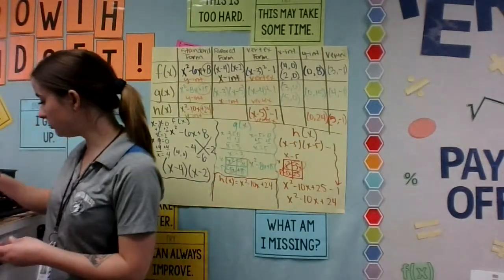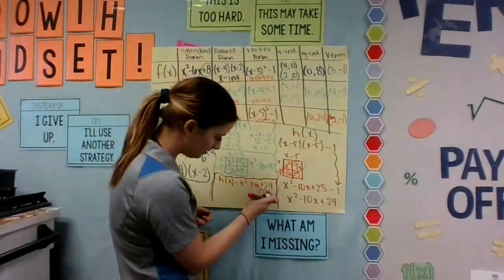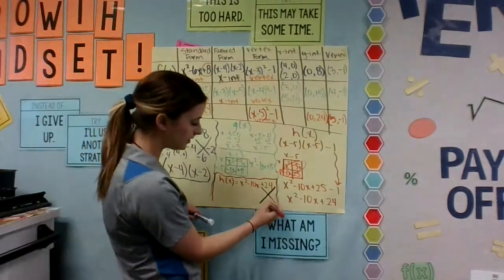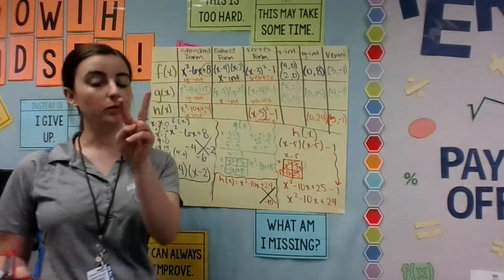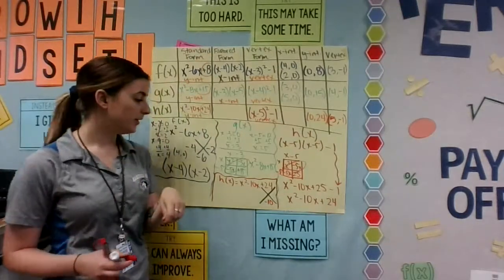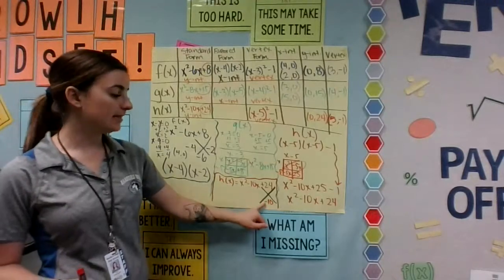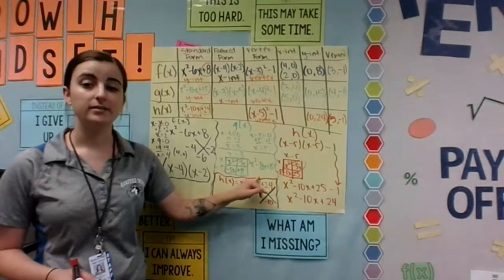So what I'm going to do is draw my little x box thing, because it is factorable. And then negative 10 goes down here. So I need to find my factors. Two numbers that multiply to a positive 24, but add to negative 10. So I know since this guy's a negative, I need to have these be negatives in order to multiply to be a positive.